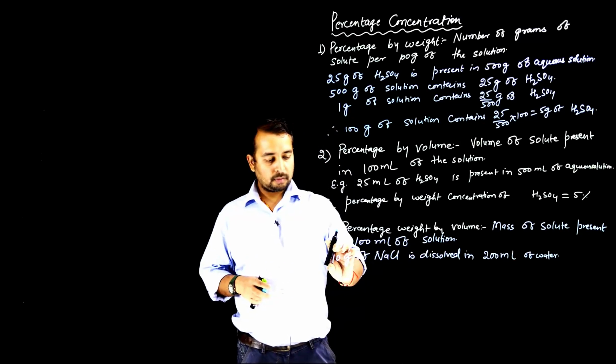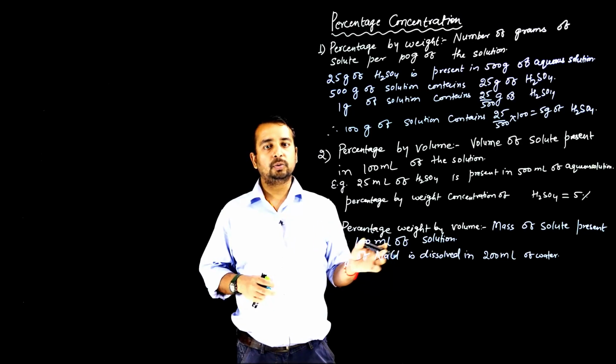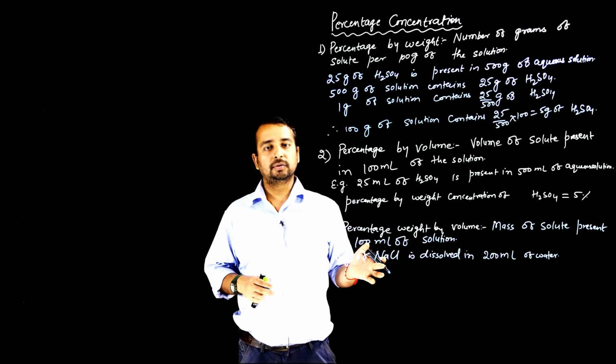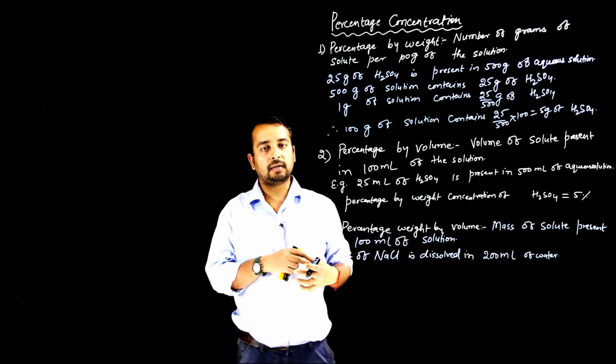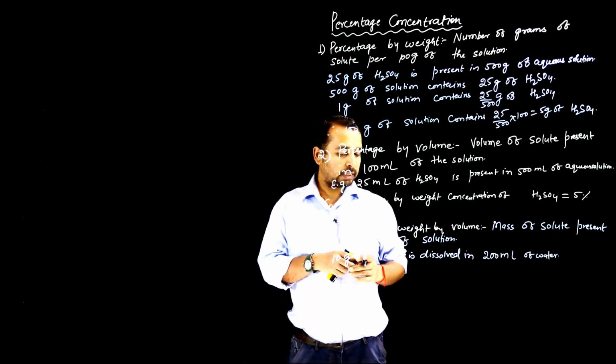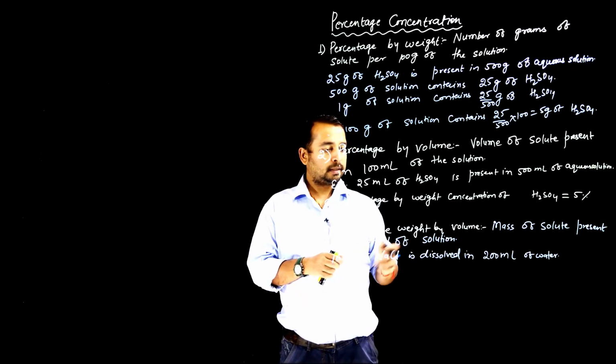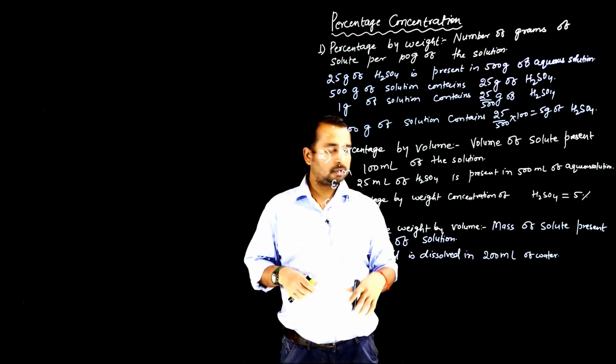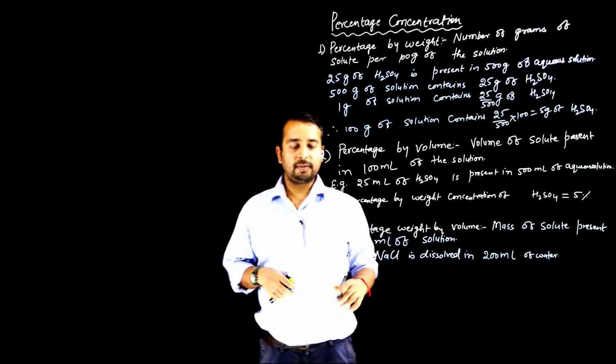So the amount of solute present in 200 ml is 10 grams. So the amount of solute present in 100 ml of solution will be 5 grams. So again, percentage weight by volume of the solution will be 5%.